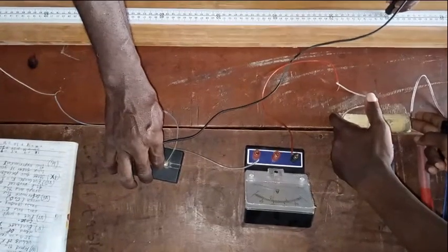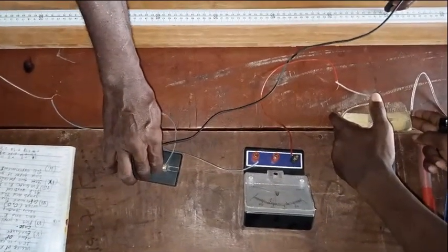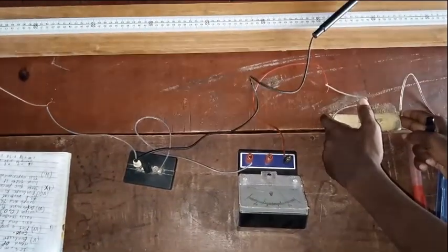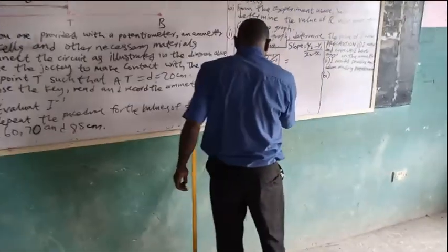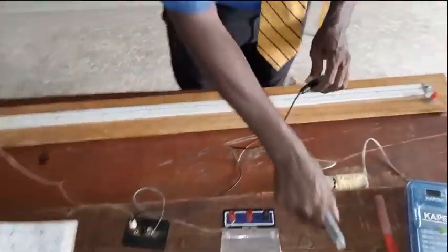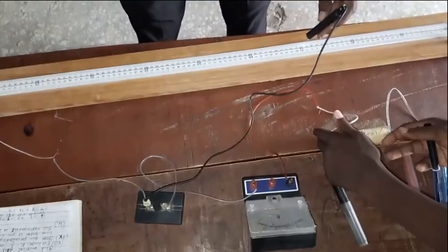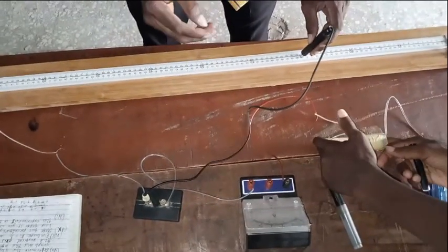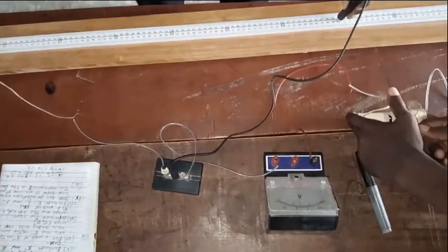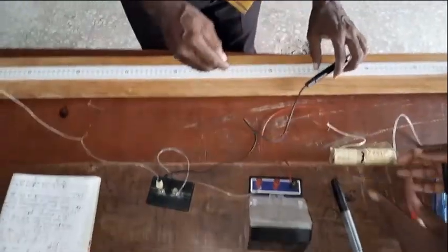When D is equal to 20, I is equal to 1.2. When D is equal to 30, I is equal to 0.9.